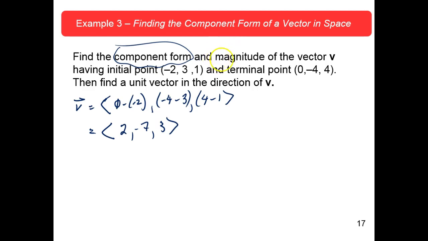Next thing it asks for is the magnitude of V. How do we get the magnitude of V? There's a symbol for it. It's also called the length of the vector, if you wanted to use that term. What would that be?